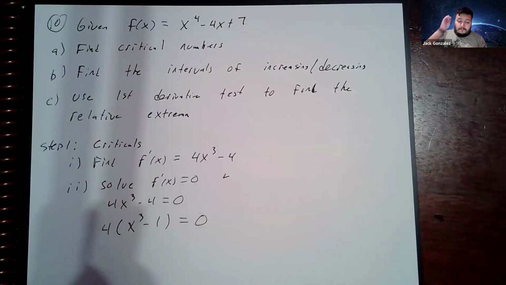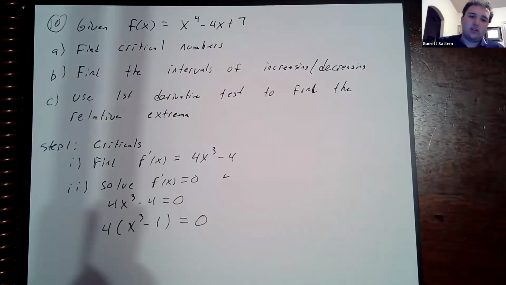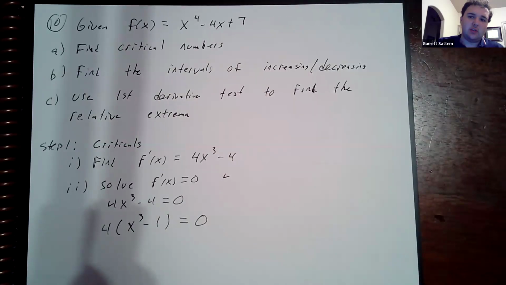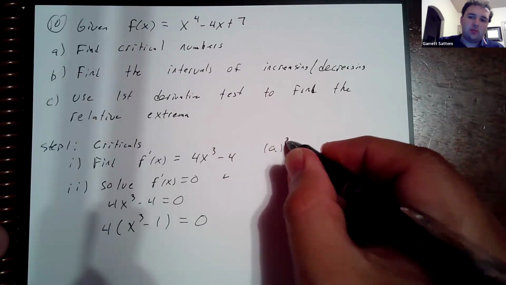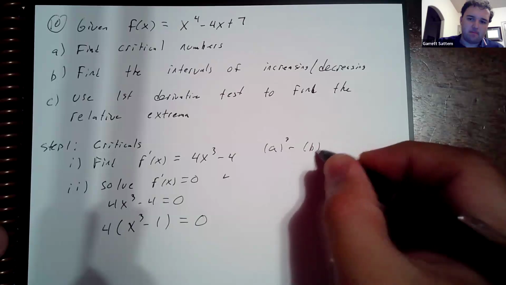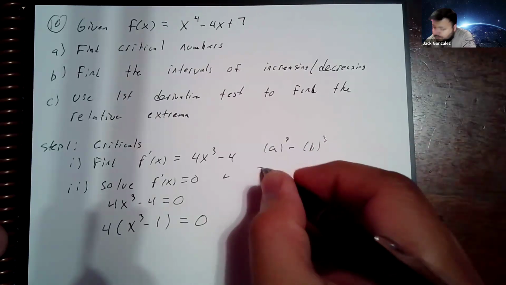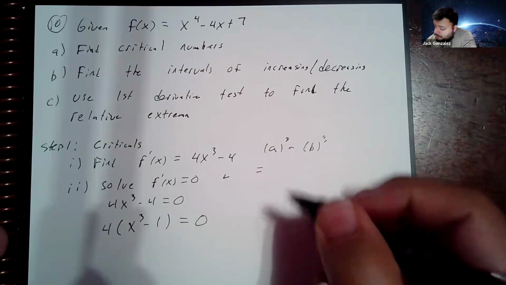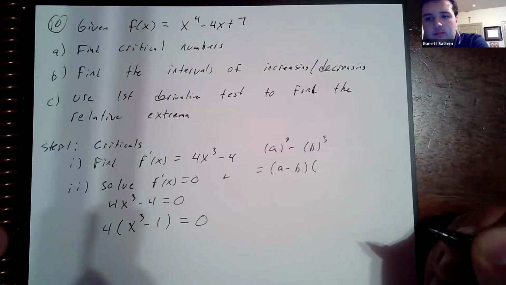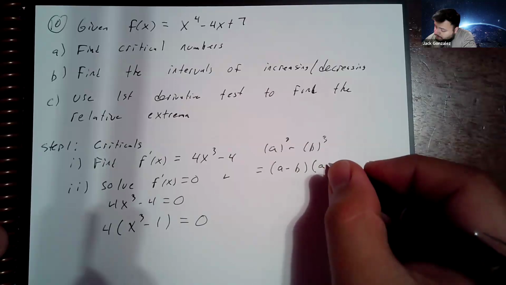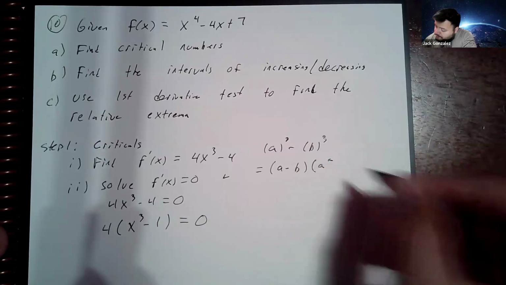Y'all remember what type of factoring technique we need? I think it's A plus B times B. It's gonna be A minus B, times I think it's squared.